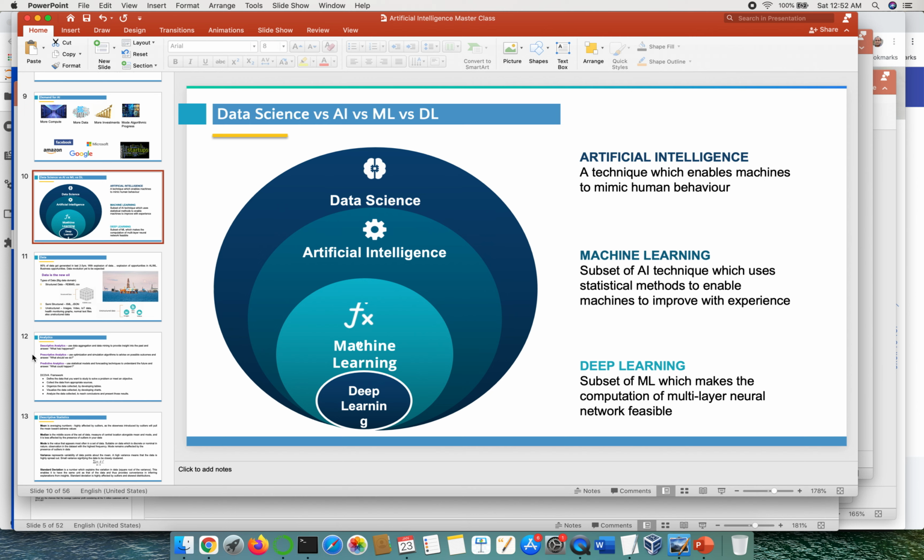Actually, the process of learning is called deep learning, and the algorithm is called artificial neural network. So ANN, artificial neural network; for image processing, that is convolutional neural network. These are the algorithms we use for building your AI system, along with some statistical modeling, that is machine learning. We use these different techniques to build an artificially intelligent system.